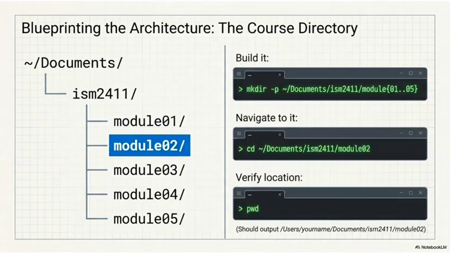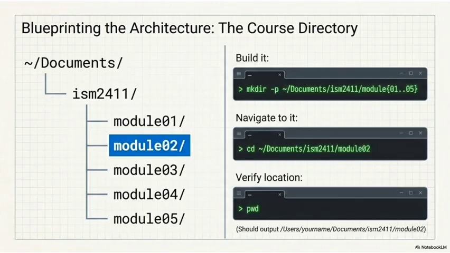So, mkdir -p and then ~/Documents/ISM2411/module_{01..05}. The -p flag creates parent directories automatically and suppresses the errors if they already exist.